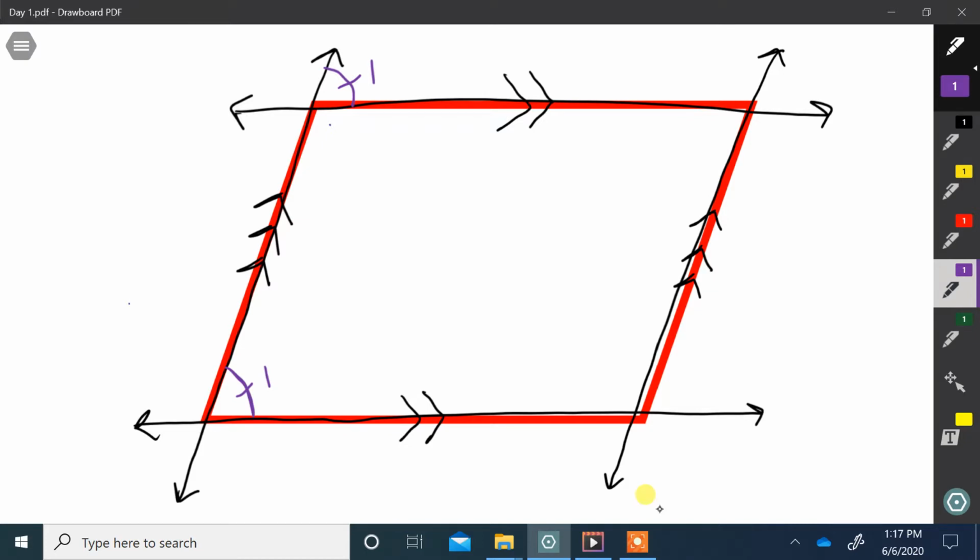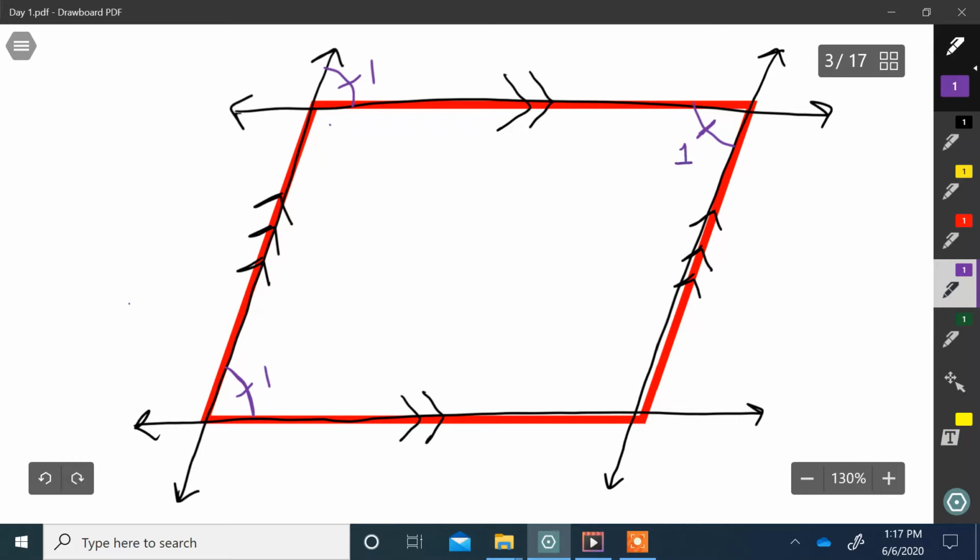Well, if this is congruent to that, then this is also congruent there. So that's congruent as well. So those are all the same, and same with this one here. Those are all parallel. Now this is gonna be congruent to this right here.